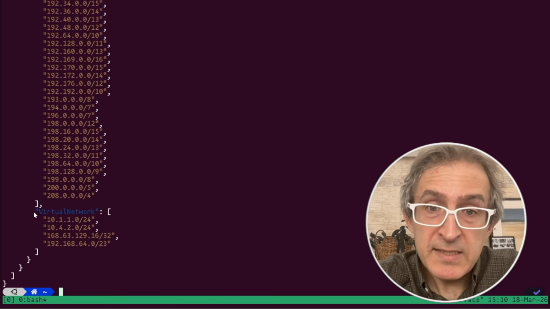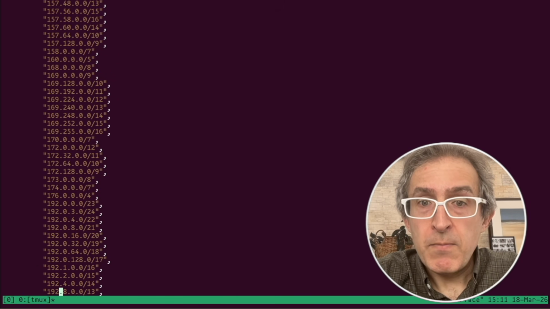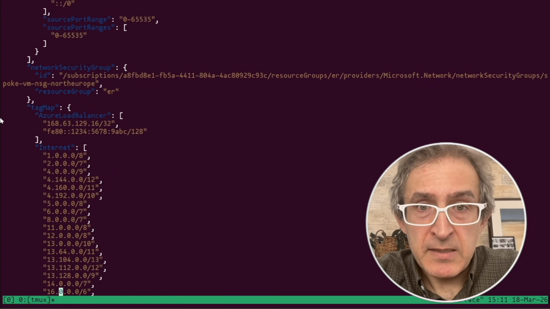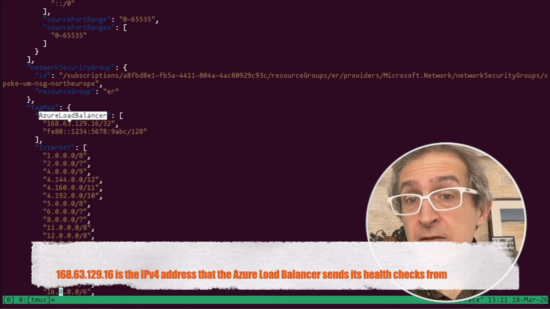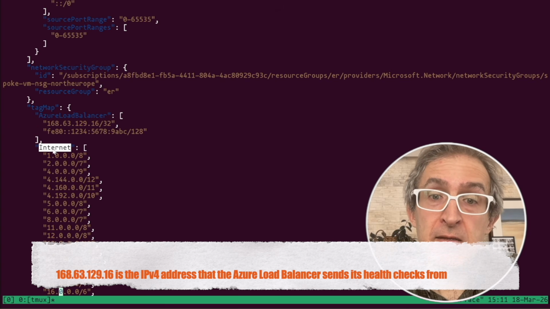So as you can see here, this is the last part, the virtual network. We can scroll up and see the other service tags that are present here for the load balancer, for the internet service tag. That's actually also a service tag because this excludes any prefixes that are defined in the VNet.